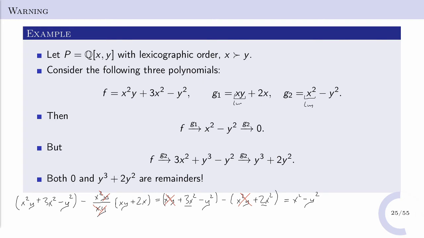These are two different remainders of the same polynomial. So this phenomenon that a single polynomial can have more than one remainder modulo a set of polynomials is a good place to introduce the notion of the Grobner basis, which is the subject of today's lesson.